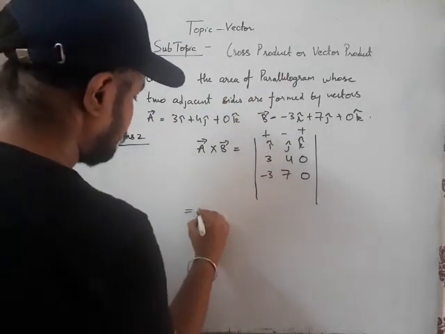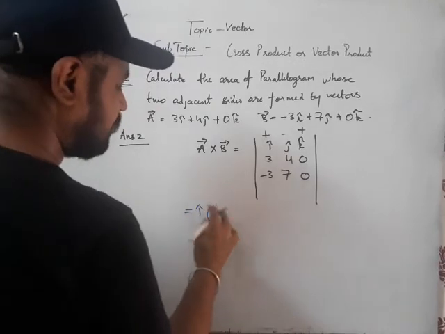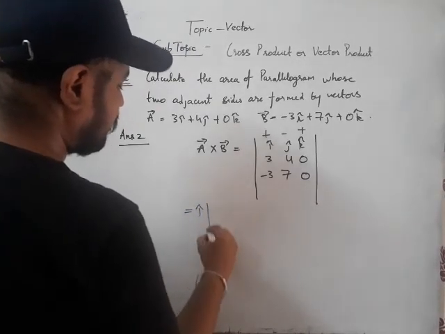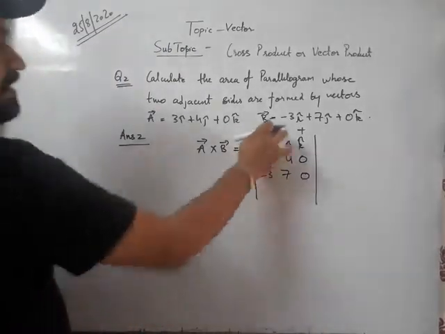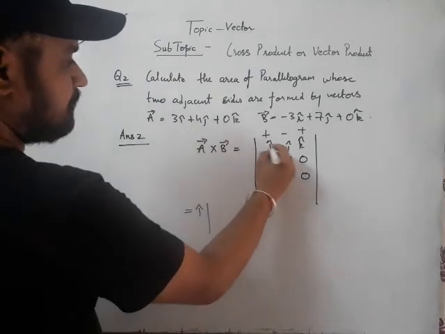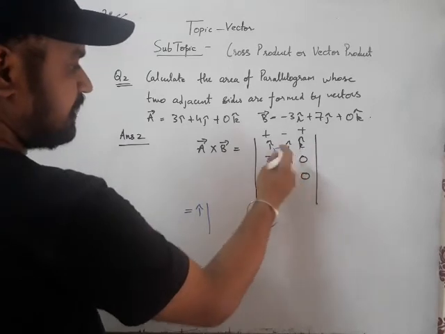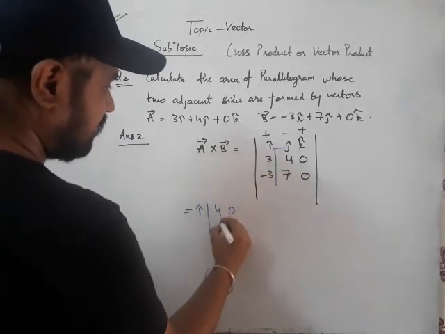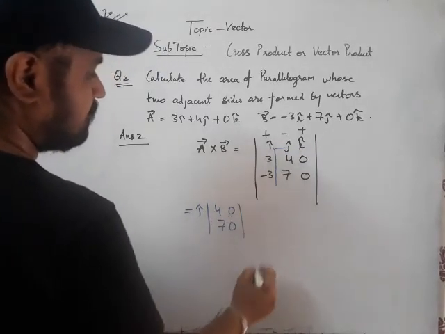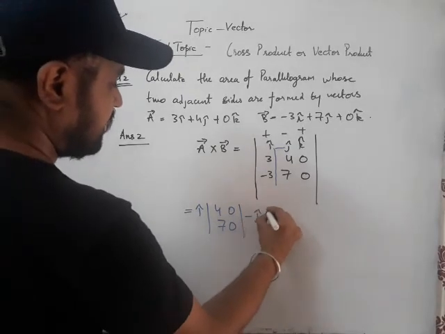Now for i cap, we need not write the plus sign, because the plus sign is understood; the minus sign we need to put. So we will be neglecting the column and row in front of i. What will be left? 4, 0, 7, 0. After that is minus j cap.